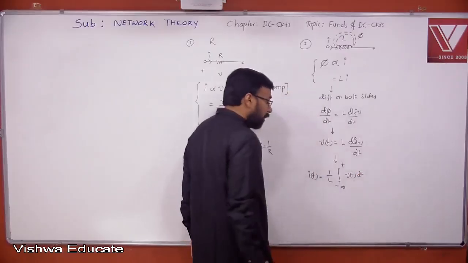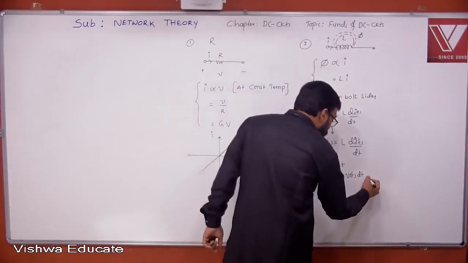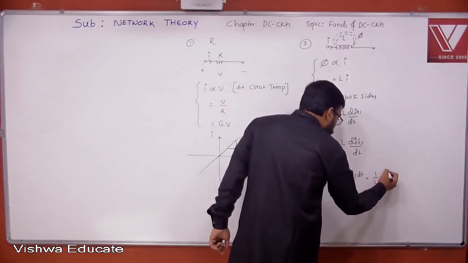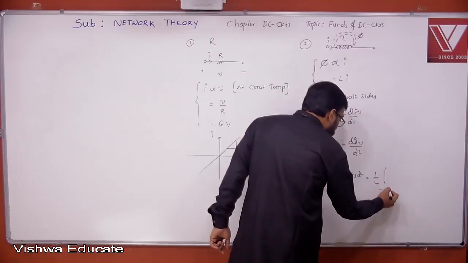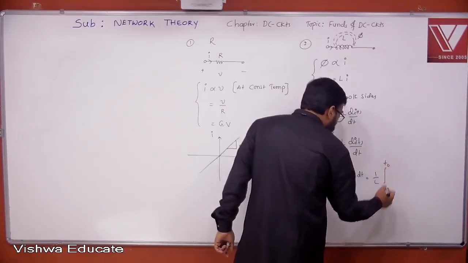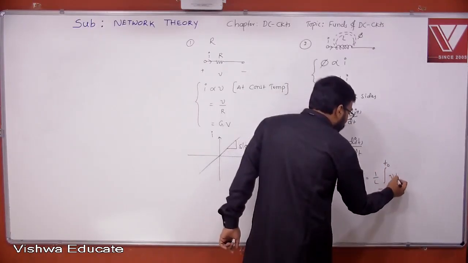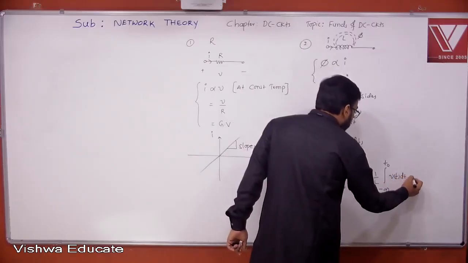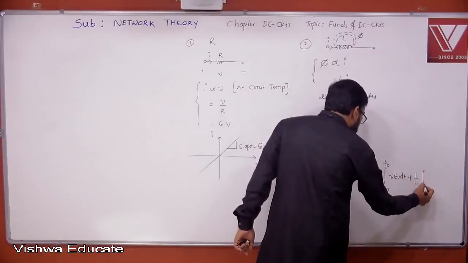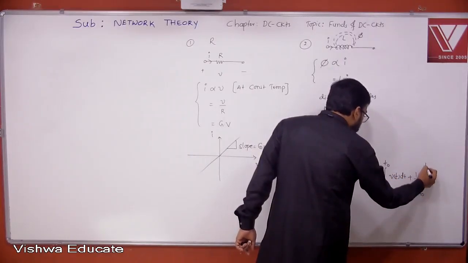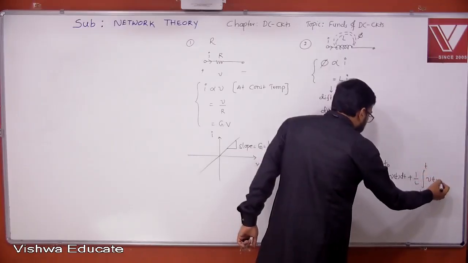But I can split the integration: 1 by L integral minus infinity to t naught v of t dt, plus 1 by L integral t naught to t v of t dt.